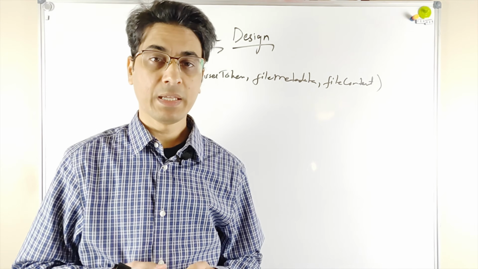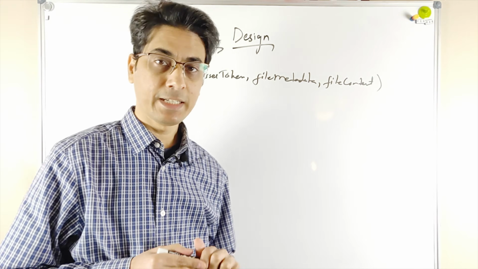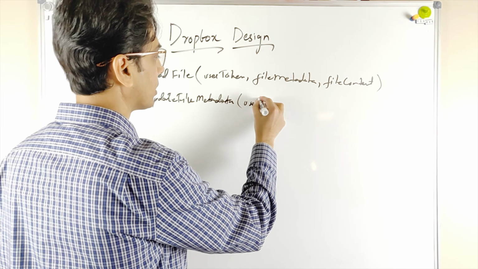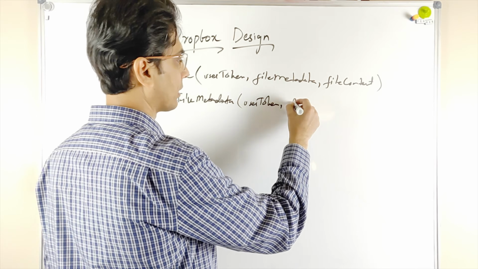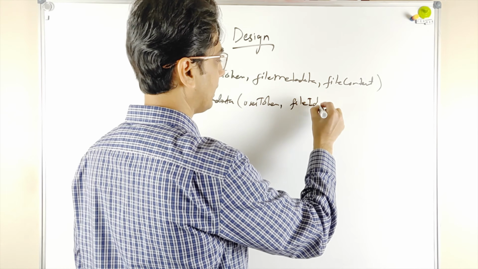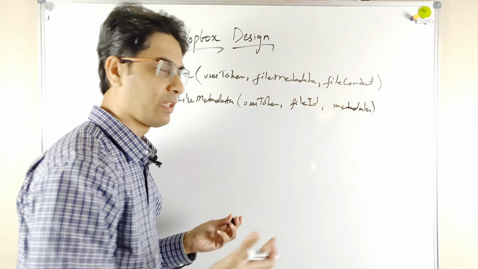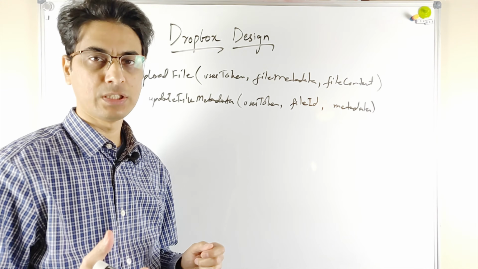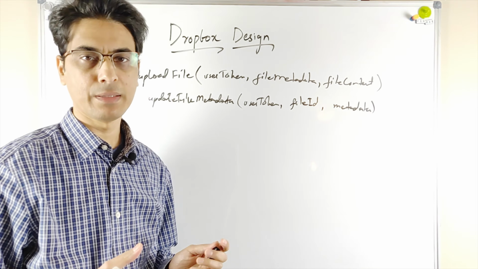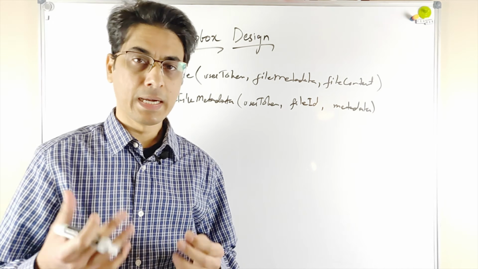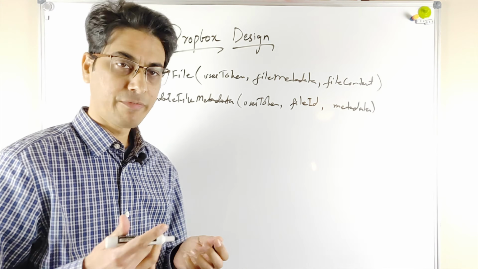Now there can be other APIs like update file metadata. It takes user token as input, file ID, and then file metadata. And the file metadata could be things like file creation time, file updation time, file size, etc. Another API could be update file.